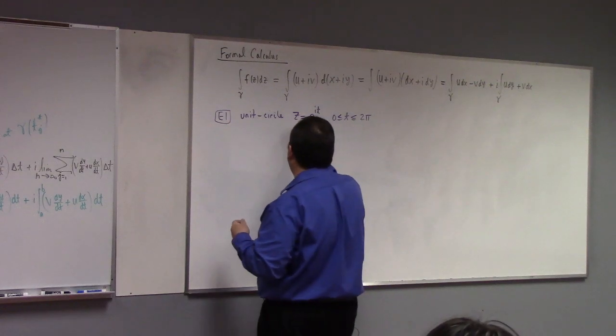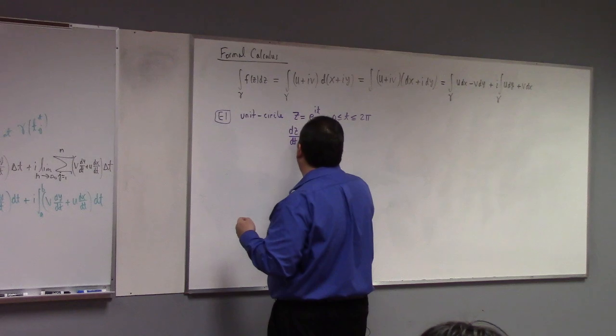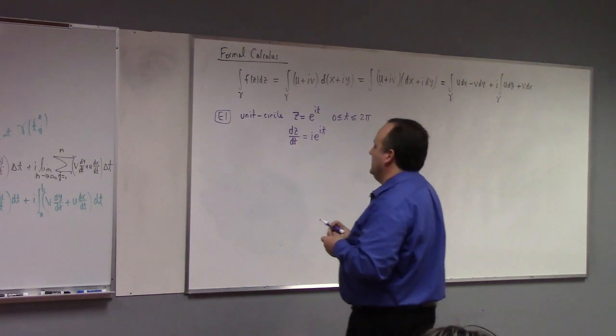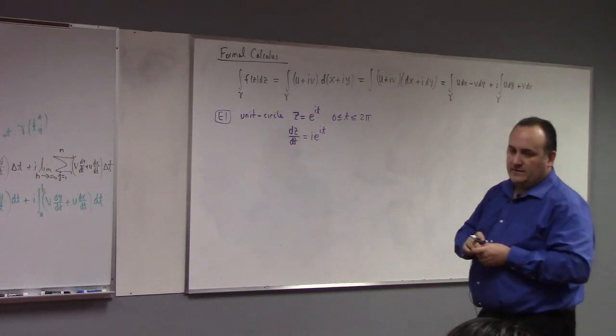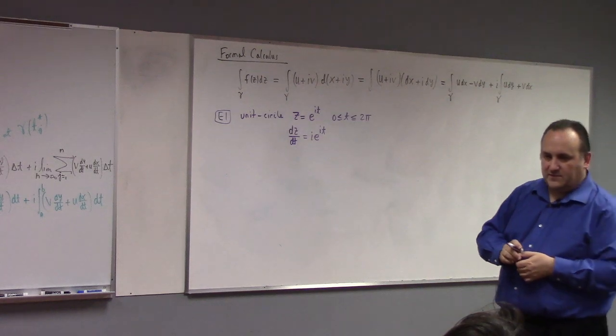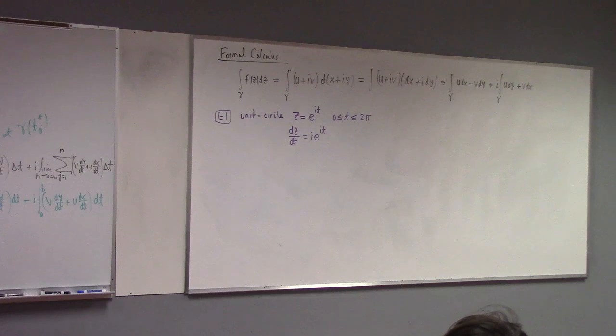So dz dt is i e to the it, right? So with that in hand, you can integrate whatever functions you like around the unit circle in the complex plane. What function do you want to take out for a spin here? What do you think? How about cosh?